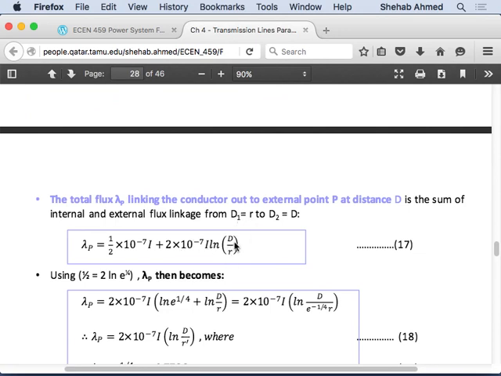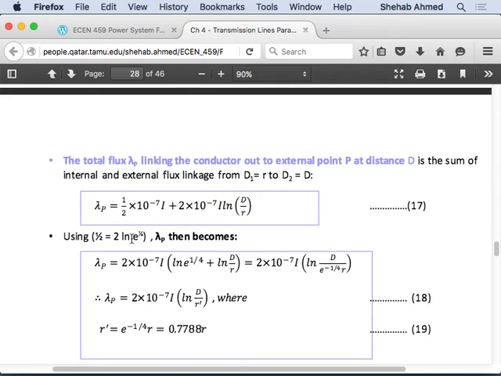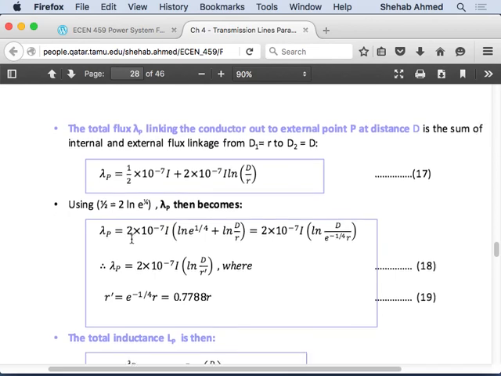Again, D1 was equal to R, D2 is equal to some point D in space. So this is now the total flux linking conductor P due to the magnetic field inside it and the magnetic field outside it. Is it okay? Clear?